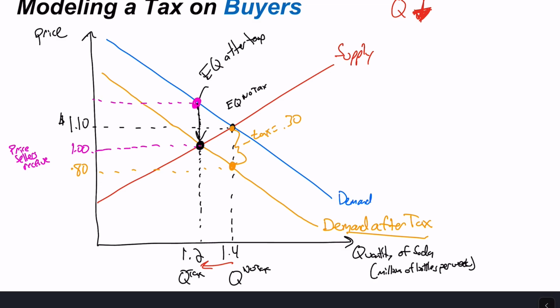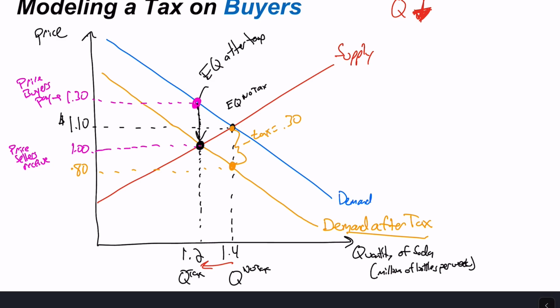So let's say that is $1.30. It'll be price buyers pay, that $1.30. I know it's the price the buyers pay because it's coming off of that original demand. Demand means buyers. So that's what trips people up on exam questions: which one do I find for the price buyers pay and price sellers receive? If it's coming from the supply curve, that's seller. If it's coming from the original demand curve, that's buyer.